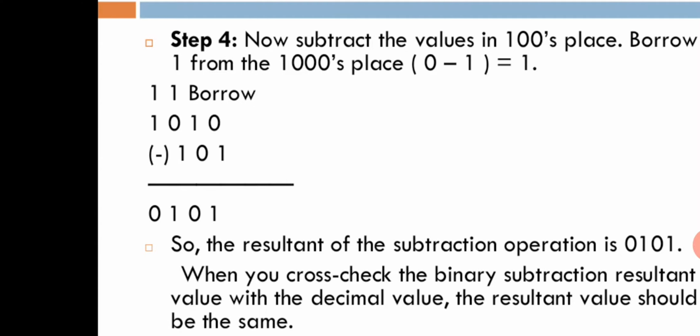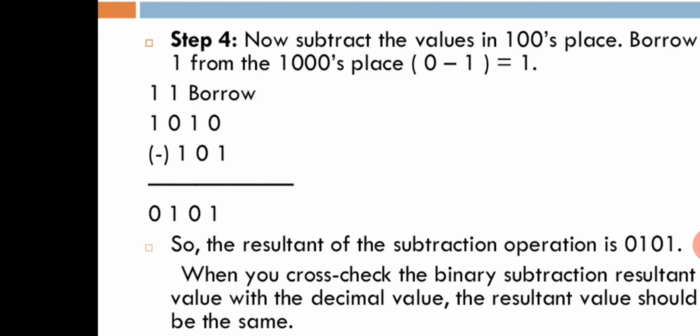Yeah, in step 4, now subtract the values in the 100's place. So borrow 1 from the 1000's place. So that is nothing but 0 minus 1 is 1. So you are going to get 1, and at the end 1 minus 1 is nothing but 0. So ultimately the value will be 0 1 0 1, isn't it? So what is 0 1 0 1?